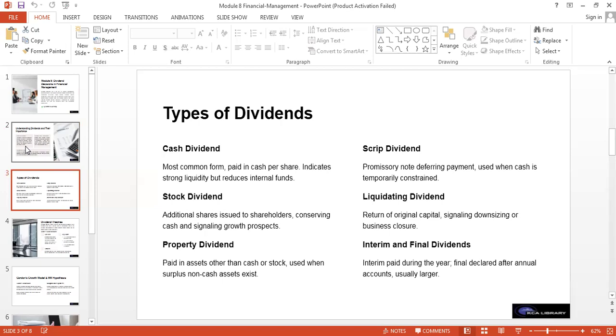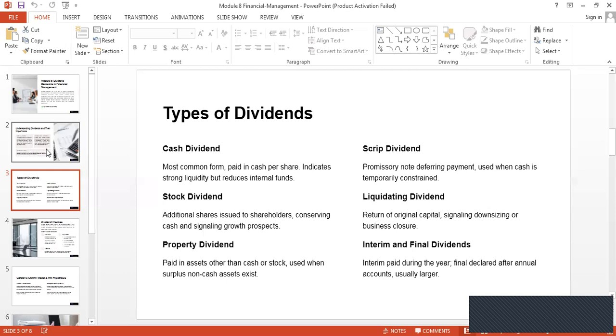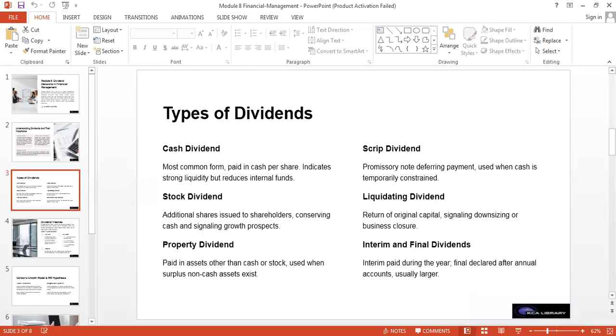We also have the scrip dividend, which is promissory notes deferring payment, used when cash is temporarily constrained. And we have the liquidating dividend, which is a return of original capital, signaling downsizing or business closure.